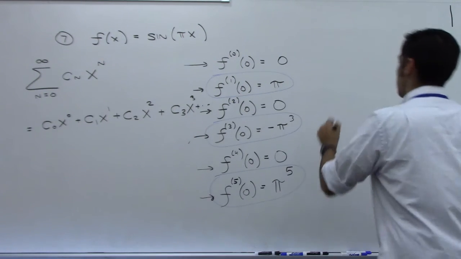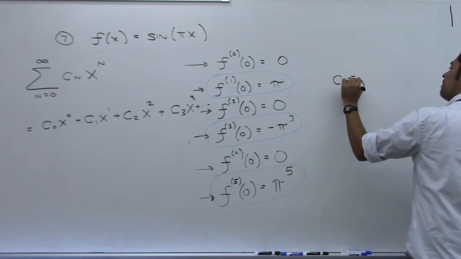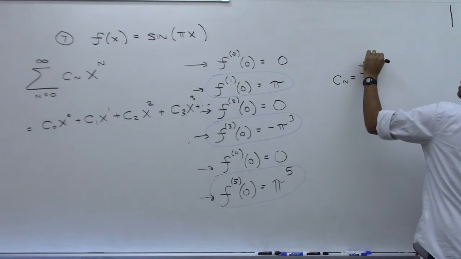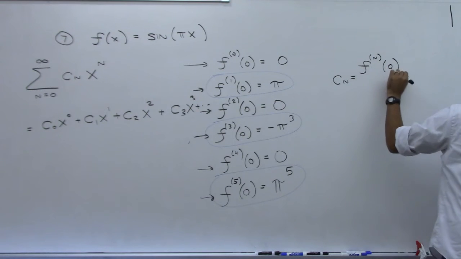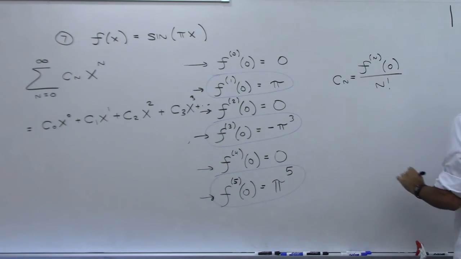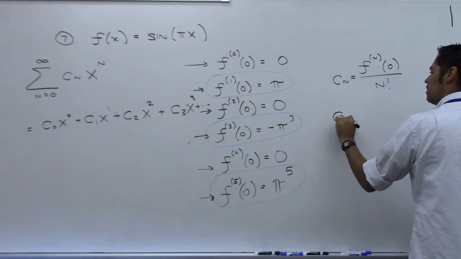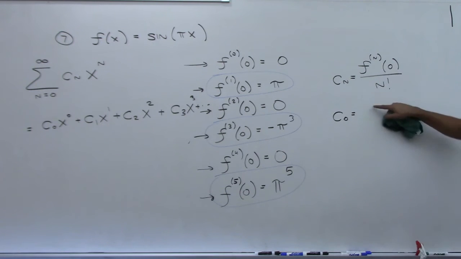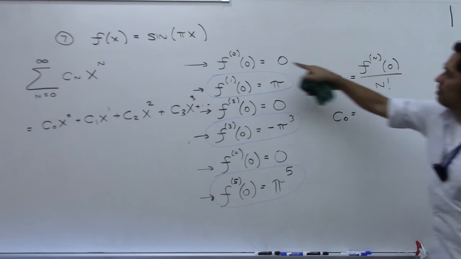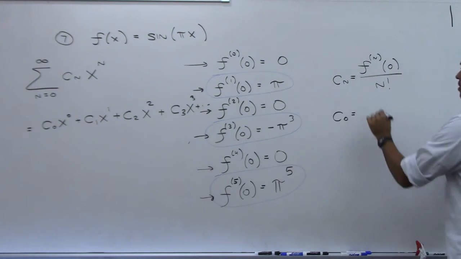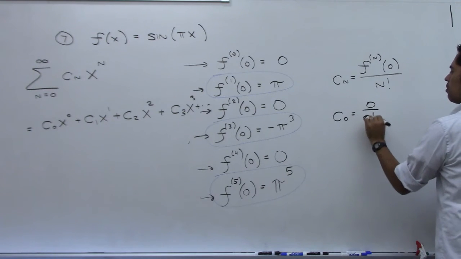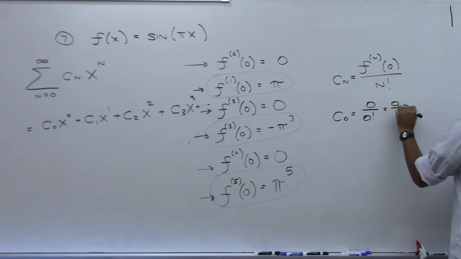Now, remembering the fact that c sub n is the nth derivative at 0 over n factorial, that means c sub 0 would be the 0th derivative at 0, which is 0 over 0 factorial, which is 0 over 1, which is just 0.